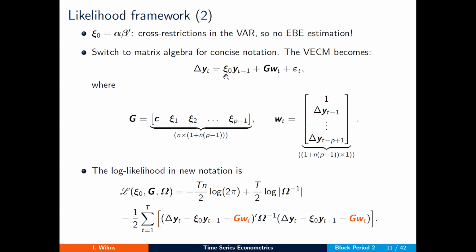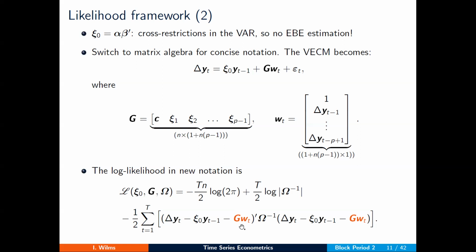We still have the matrix psi0 in front of it, but I compactly collect all the lagged differences and the constant term in this new vector WT. And all corresponding parameters are collected in my matrix G. And so in this new notation, this becomes already more compact, since I more compactly expressed the term here with all of the lagged differences.